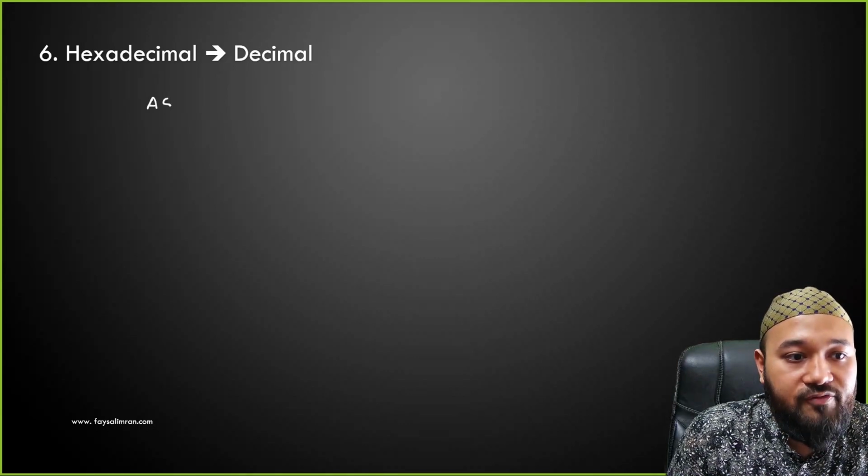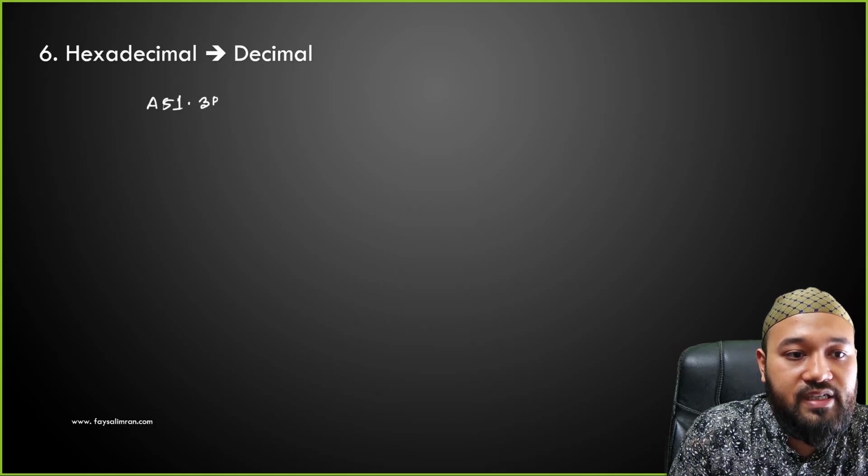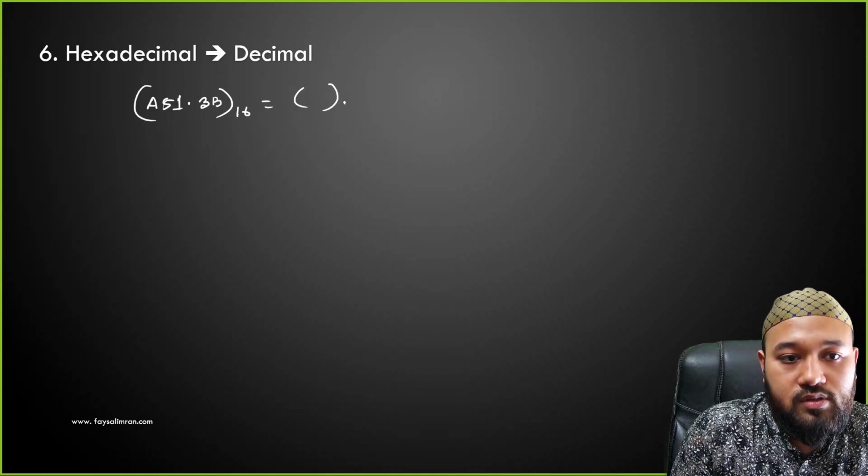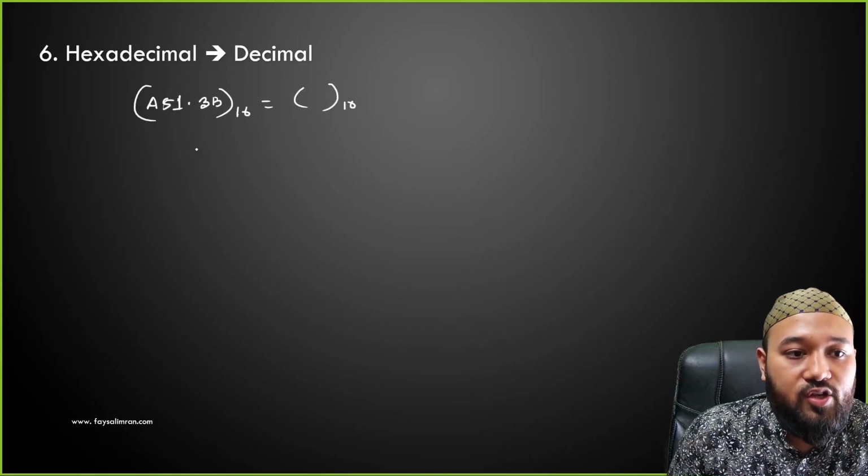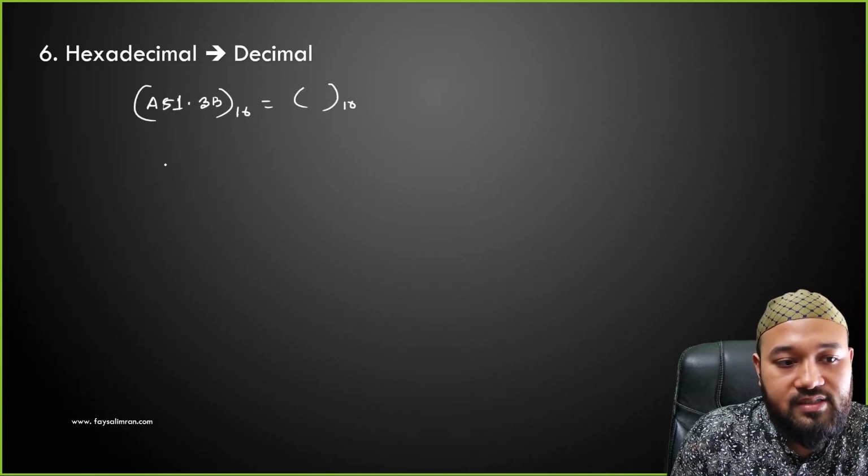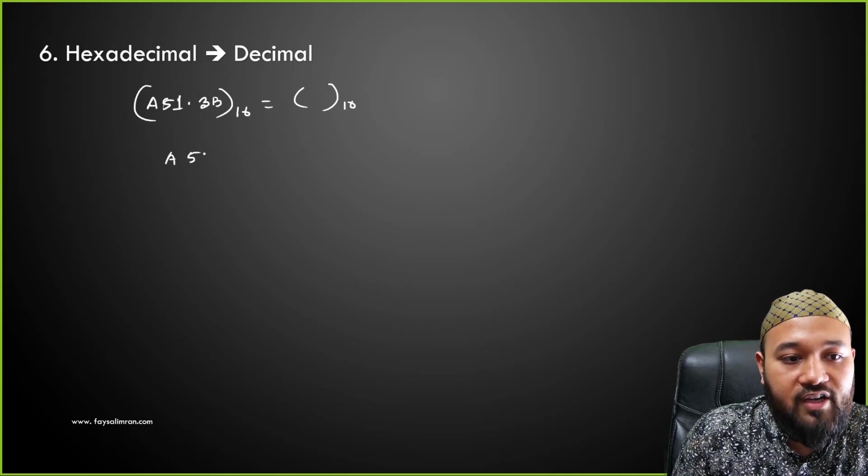So A51.3b is a hexadecimal number, and we have to convert it to the decimal system. So here I write A51.3b.